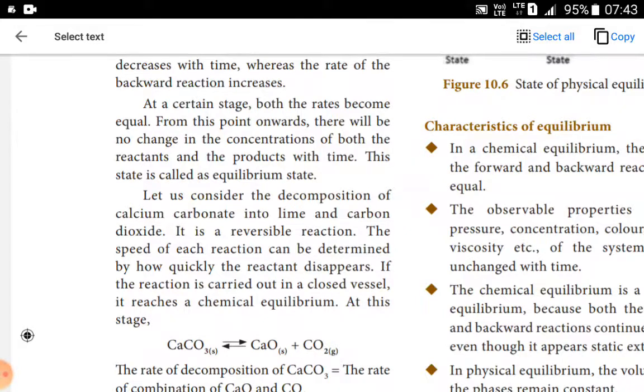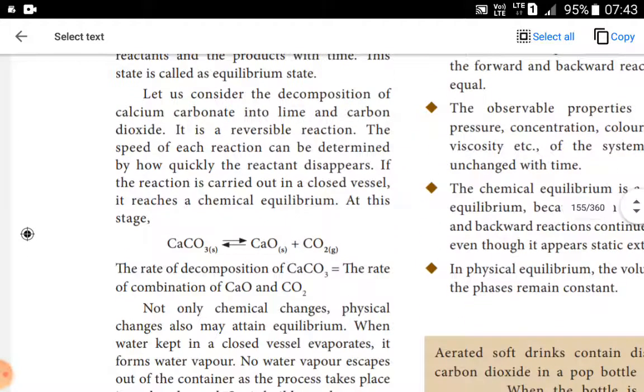The rate of decomposition of calcium carbonate is equal to the combination of calcium oxide and carbon dioxide. Normally this equilibrium stage is obtained when the reaction takes place in a closed container. Otherwise the gaseous product will be evolved out and there will be no backward reaction, no equilibrium will be obtained.